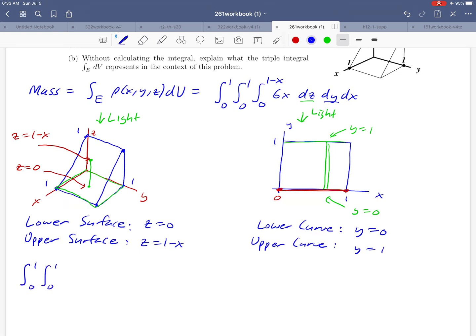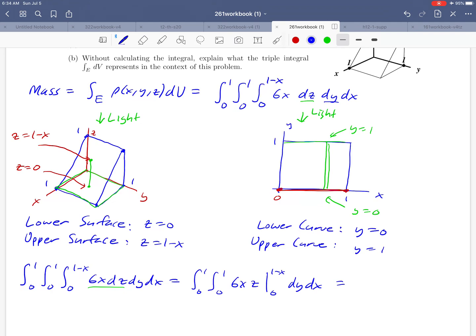Okay, so let's rewrite it. All right, and the first thing that we need to take the antiderivative of is 6x with respect to z. 6x is a constant, so when we take that antiderivative, we're just going to get 6xz. Okay, and that's going to be evaluated between z equals 1 minus x and z equals 0.